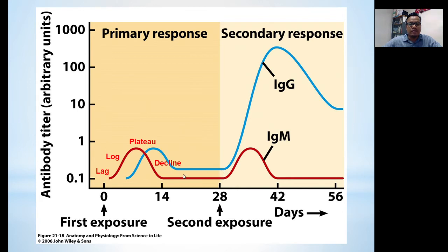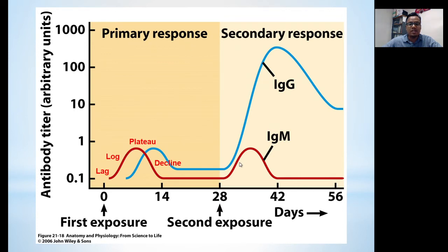So we can observe here the lag phase is very short compared to the lag phase for the primary response. Very short. And then the level increase is quicker than the log phase for the primary response.